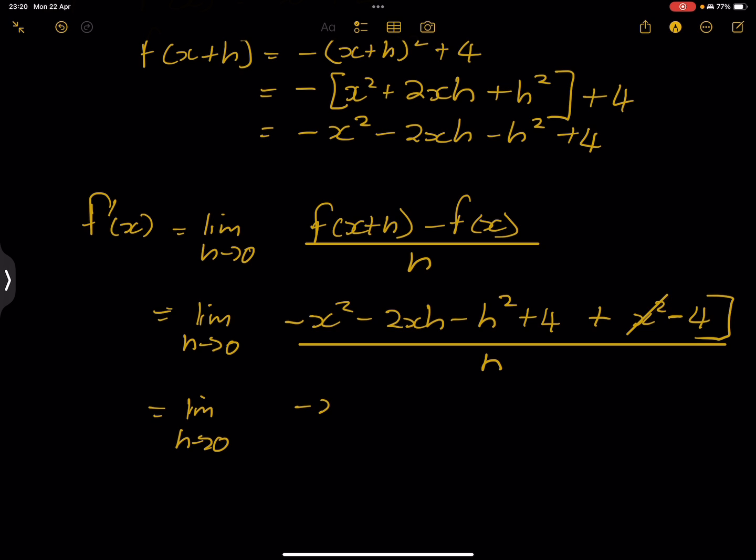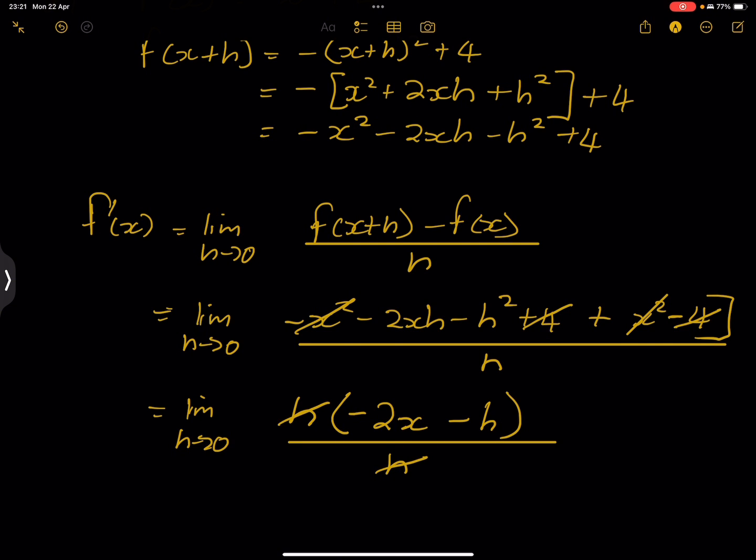So what happens? The x squared cancels with the minus x squared, and the negative 4 with the positive 4, right? So I'm left with minus 2xh. So let's take h out as a common factor. I'm left with minus 2x minus h, divided by h.